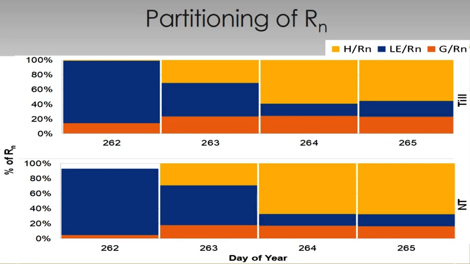And again, we see that as the soil dried, the energy partitioned to latent heat flux decreased, and the energy partitioned to both sensible and latent heat fluxes decreased with time during this period.